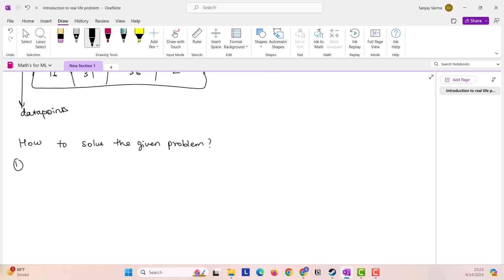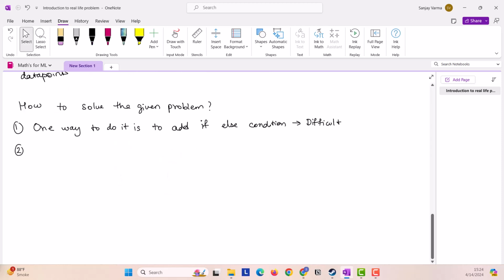So one way to do it is to add if else conditions, but there is one problem in this: coming up with the conditions manually is very difficult, and if the data is very large, it's nearly impossible for us to get all the conditions right.